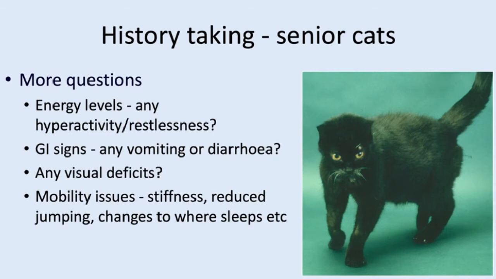Also included on this slide, visual deficits, and I do think that's something worth bringing up with clients, because it allows us that opportunity to talk a little bit about systemic hypertension, which of course is a very serious, potentially life-threatening killer of cats, but also very treatable. And so telling a client that if they see any visual deficits or apparent blindness in their cat, that should be viewed as an emergency so that we can hopefully diagnose and treat it as quickly as possible.